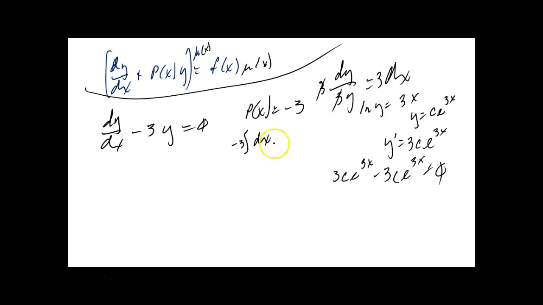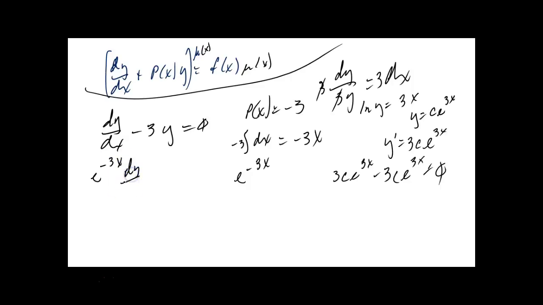So that's going to be negative 3x. Once we've done that, we raise e to the minus 3x. That's our integrating factor. We multiply that by both sides of the equation.